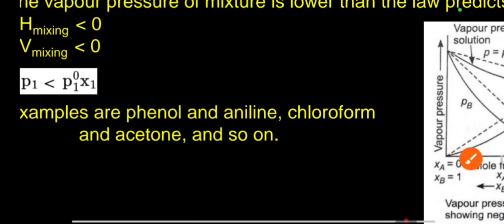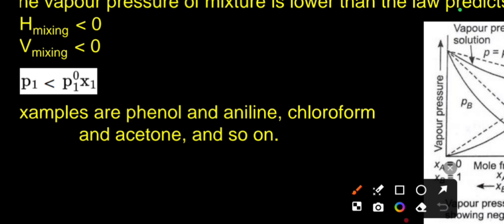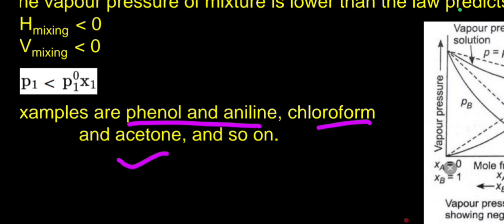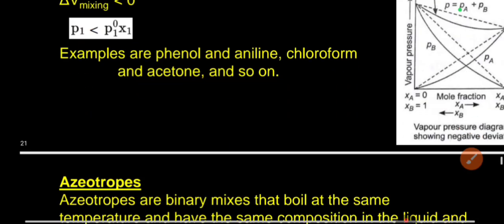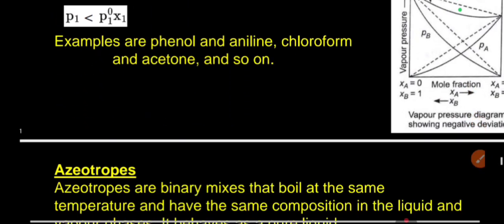In negative deviation, you will see phenol and aniline, chloroform and acetone. So you should know at least one example of each: ideal, and non-ideal, which is of two types. You have to do up to this.